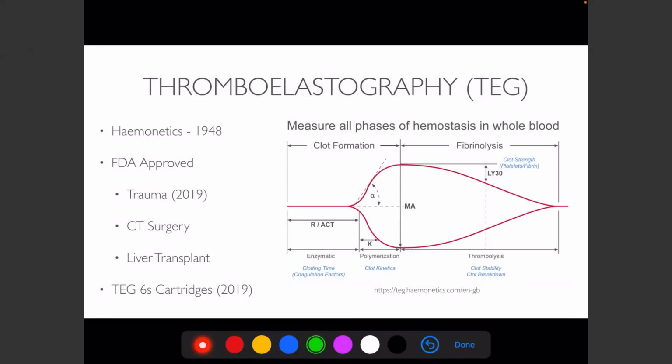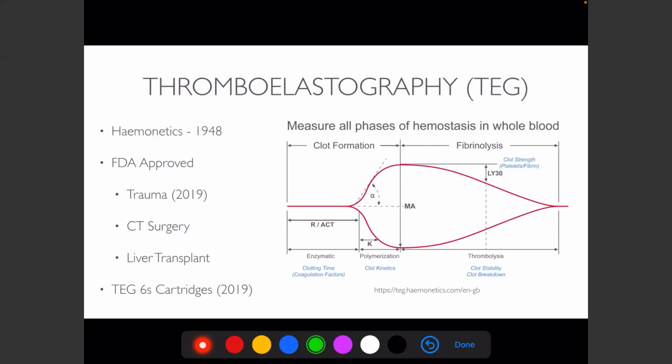It's basically, you measure all phases of hemostasis in the blood is what they advertise. So it's FDA approved in 2019, was added for trauma uses and into pre-existing uses for cardiac surgery and liver transplant. One difference that I think will make TEG a little more popular moving forward, I don't know about cost, but in 2019, they also got approved cartridges.